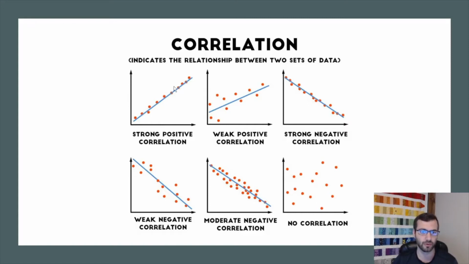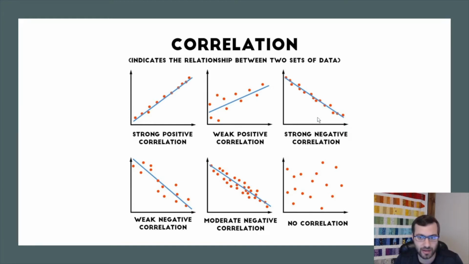A slightly weaker positive correlation might be the level of extroversion and the number of friends somebody has. We're still expecting a fairly strong relationship there, but it's probably not going to be quite as strong as the relationship between height and weight. So we've got a strong positive correlation here and a weaker positive correlation here.